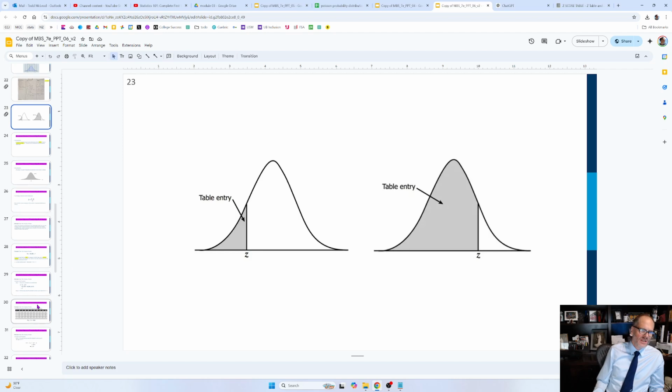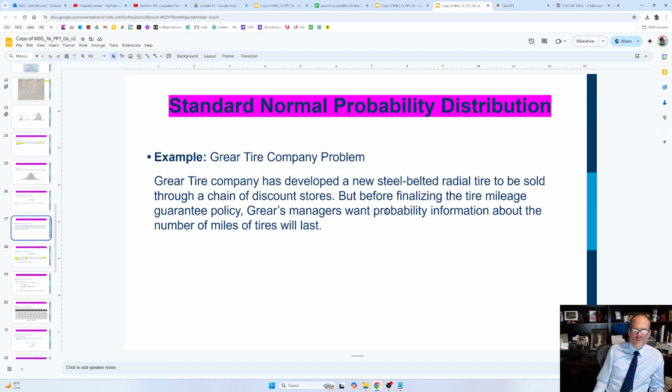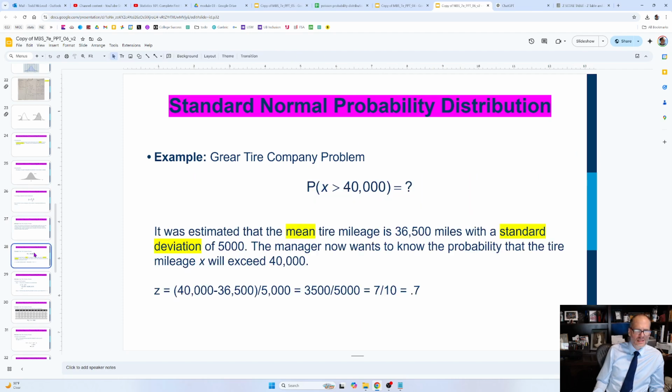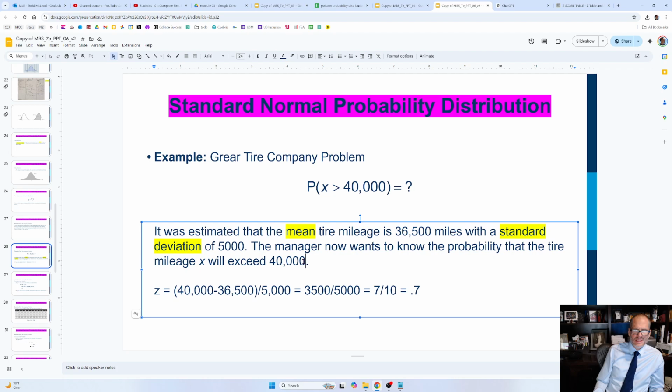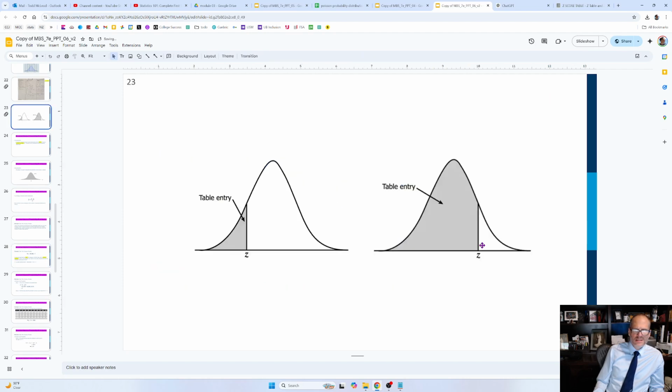And the question that was asked of us is the probability that the tire mileage will exceed 40,000 miles. So we want this, right?